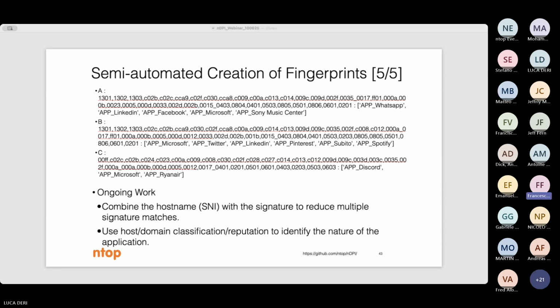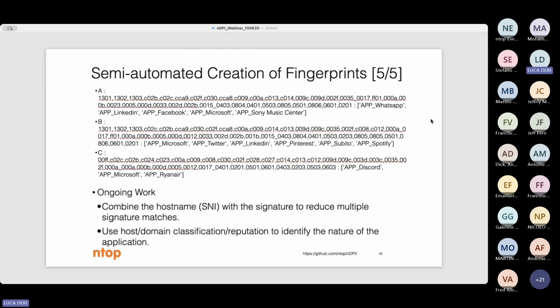The final goal is to only have one JA4 associated with a single app. And also one other thing to do in this work in progress is to check the contacted host name to see if that host name is harmful, or if its reputation is okay or not.